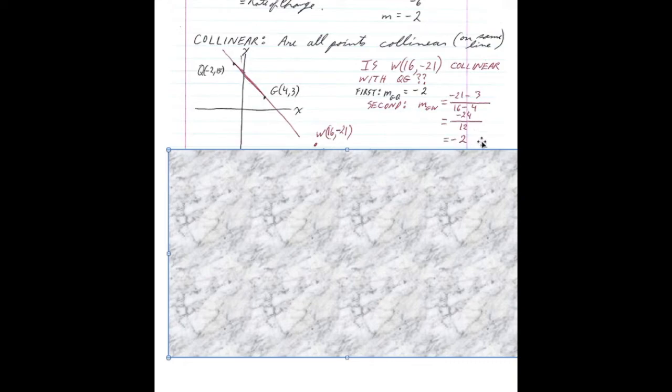Well, if the slope comes out exactly the same, then yes, point W is collinear with G and Q. Reason? They have the same slope between them. G acts as the middleman.